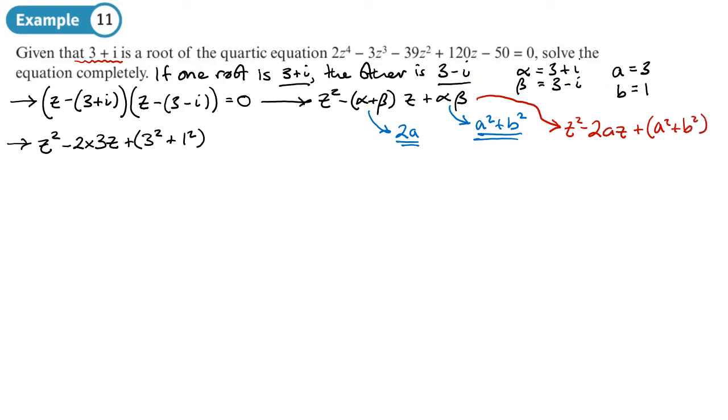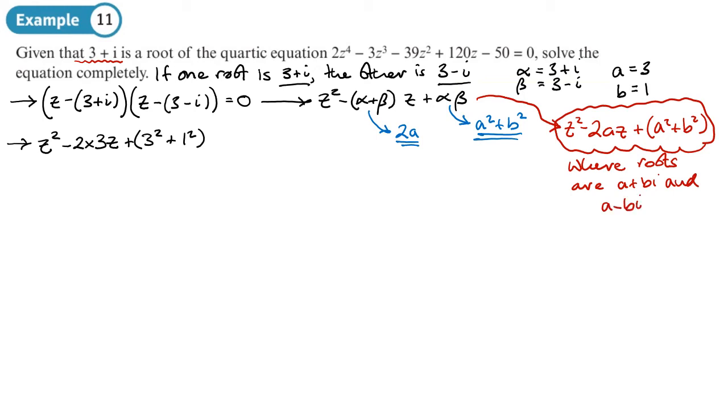That is another way of finding our quadratic, where the roots are a plus bi and a minus bi. Yeah, that's a very quick way of doing it. So what that gives us is z squared minus 6z plus 10.